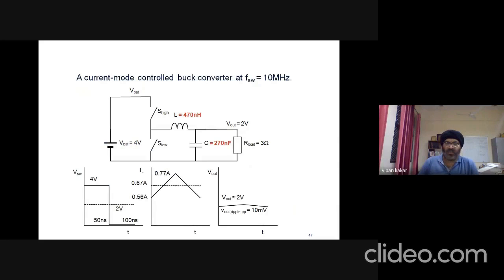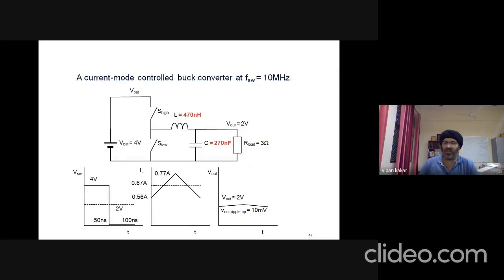Previously I showed an example for a switching frequency of 100 kilohertz, now a switching frequency of 10 megahertz. So the I max and I min values are changed, as well as the inductance value. Same circuit, same buck converter, same topology, but the values are changed because we want a high switching frequency.